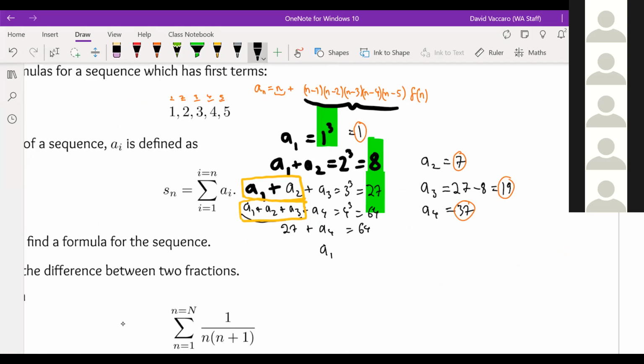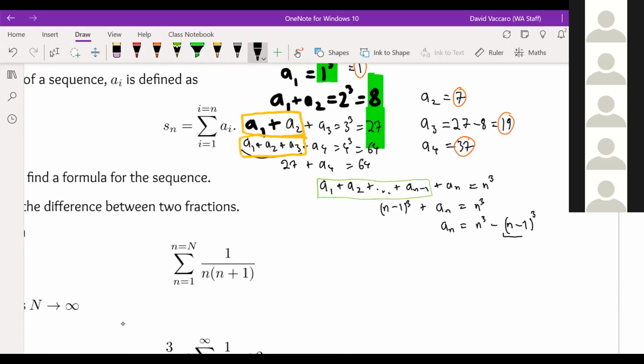So we know that the sum of the first n terms is n cubed. But we also know that the sum of the first n minus 1 terms is n minus 1 cubed. So we can write An is n cubed take away n minus 1 cubed.